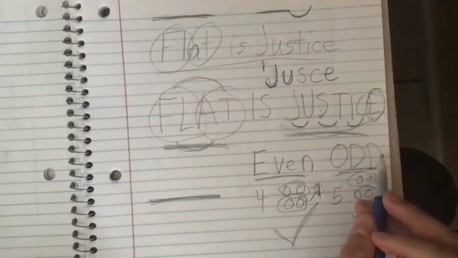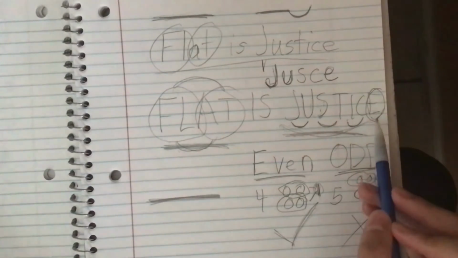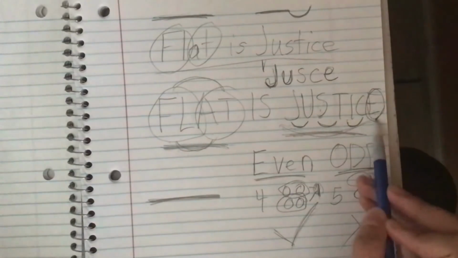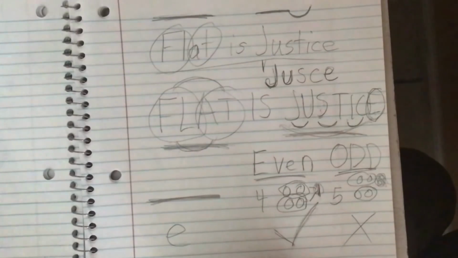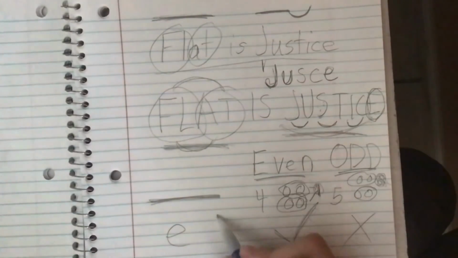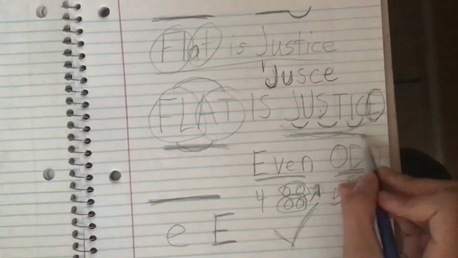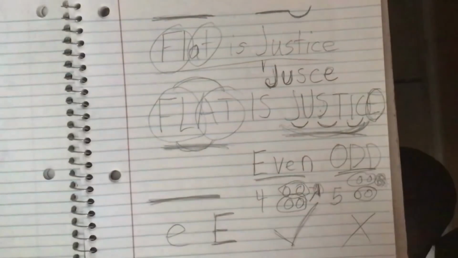What's also interesting is that when capitalized, all the curves that were before on E disappear. E lowercase has curves, but E capitalized does not. Interesting how it was the outlier when it couldn't go into pairs.